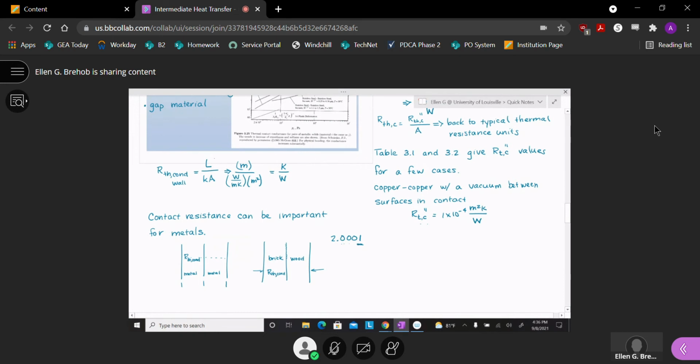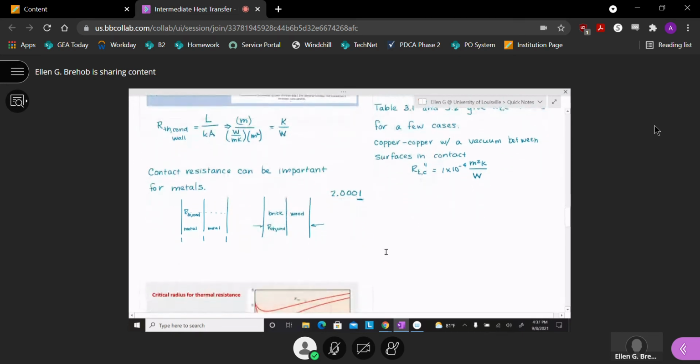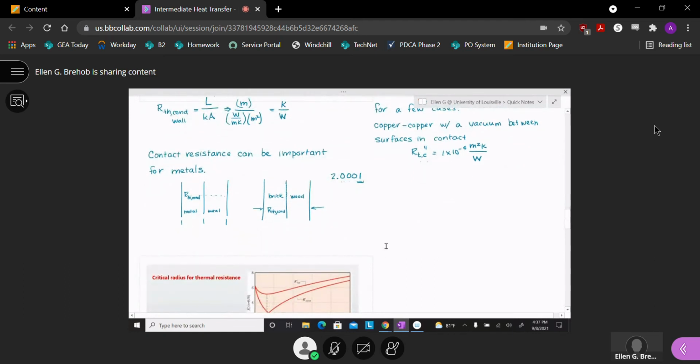And now the contact resistance is on the order of magnitude of the slab of metal itself. Okay. Hopefully my pictures, if you look back at your notes, you won't know why I drew this, but hopefully while we talked about it, it made sense.